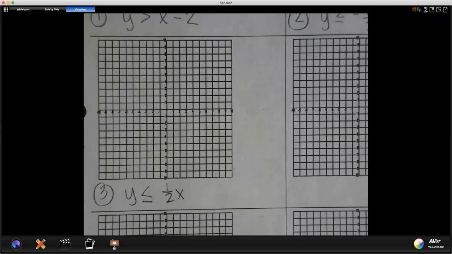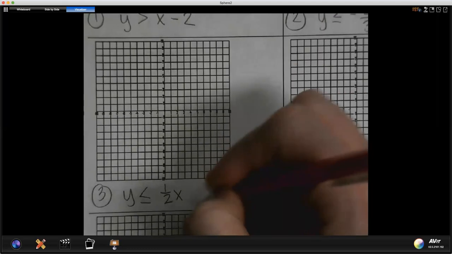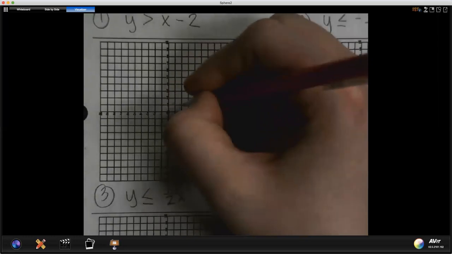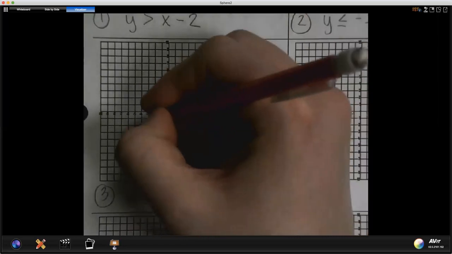So where should we be starting on this graph for our y-intercept? 0, 0. Remember, if there's not anything plus or minus added to this, that means you are starting at 0, 0. So my slope is up 1 to the right 2, or down 1 to the left 2.